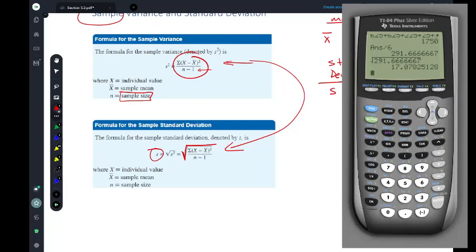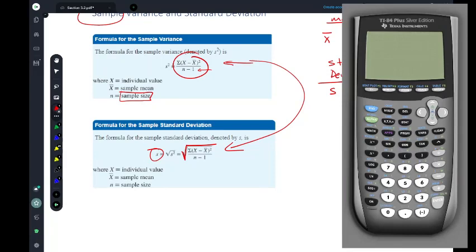Okay, so slight variation. It's important to know the concept or the context of your problem. Is the data set you're dealing with a full population, or is it a sample from your population? Because these formulas will produce slightly different results.